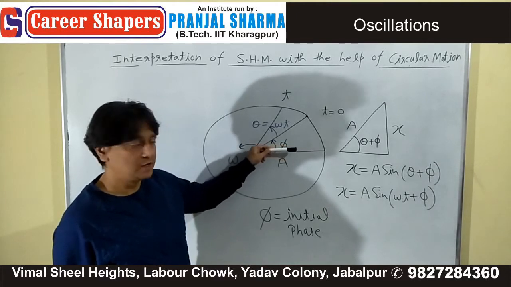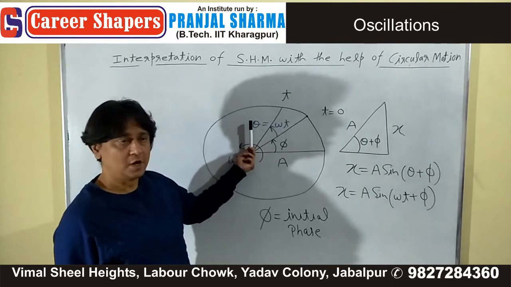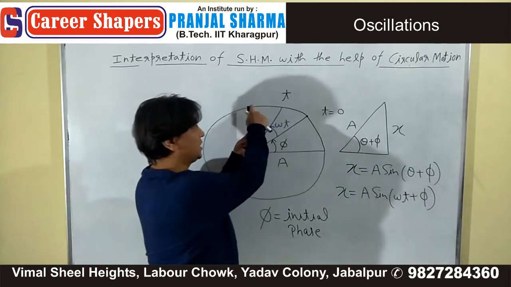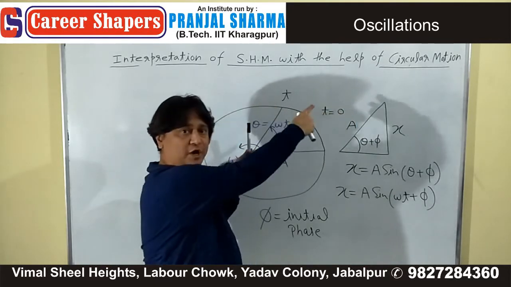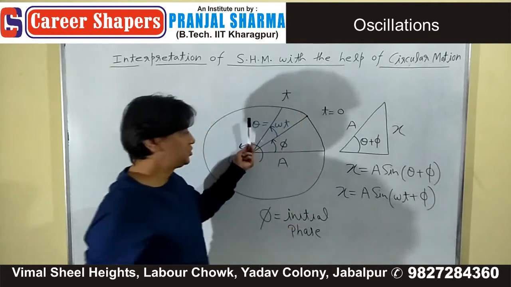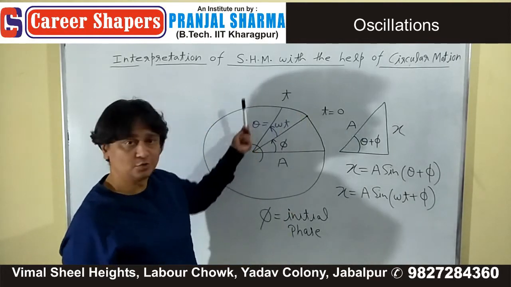If rod starts from this position, you know that the tip of the shadow is initially at the amplitude, which means this is case 2.